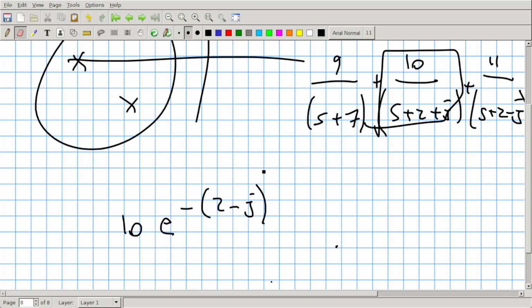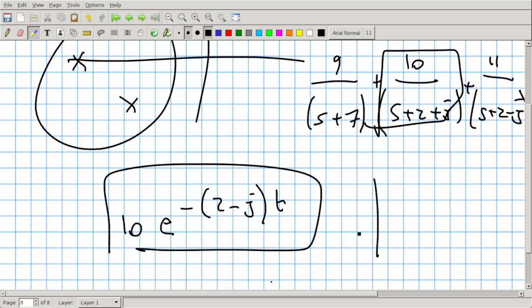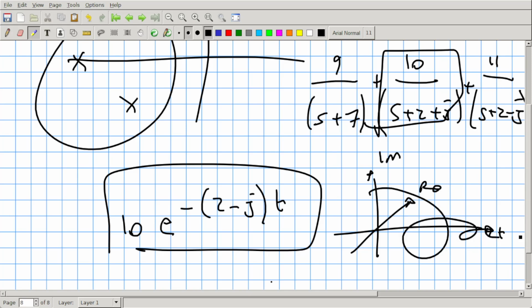The minus j t, for t bigger than 0, 0 otherwise. True? This one, in time, this object here, how would it look like in time? T, real part, imaginary part. True? And this one, it has to be actually 10 here too. This one would look like this one. True? That means like this.